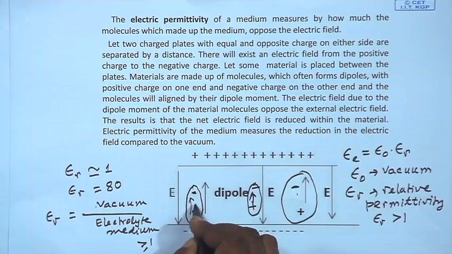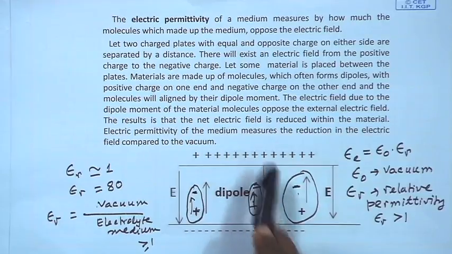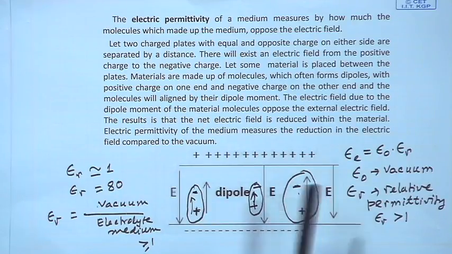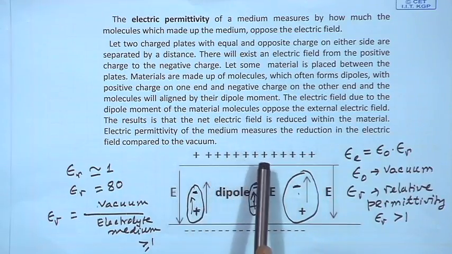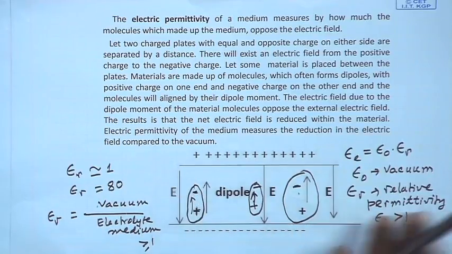So, there will be an electric field induced by these dipoles, which opposes the electric field developed by these charges. Obviously, the electric field generated by these charges is not the same in every medium, and it depends on what type of medium you are considering.